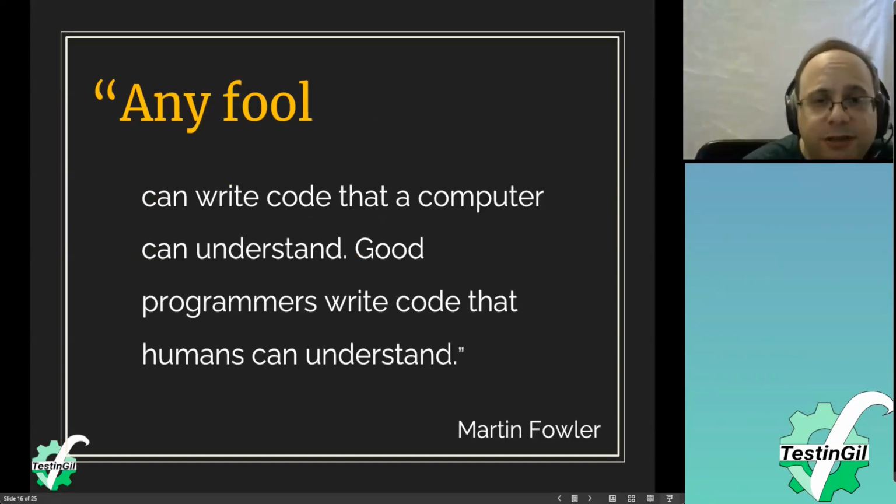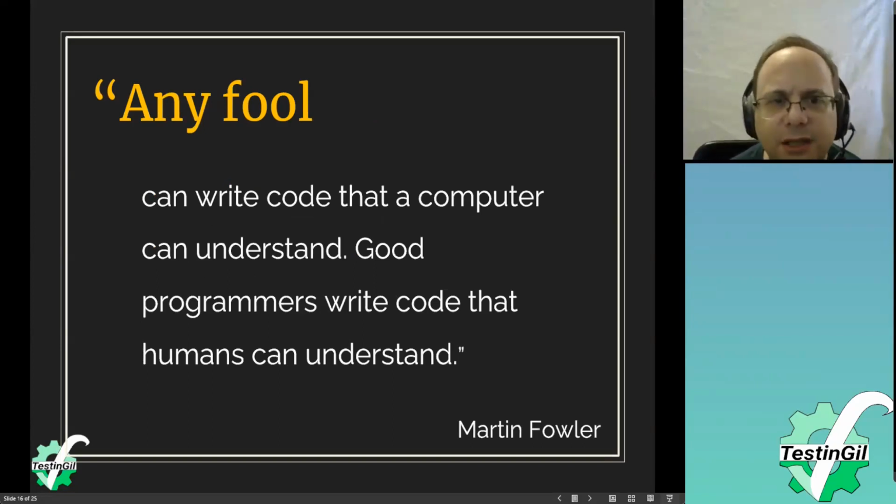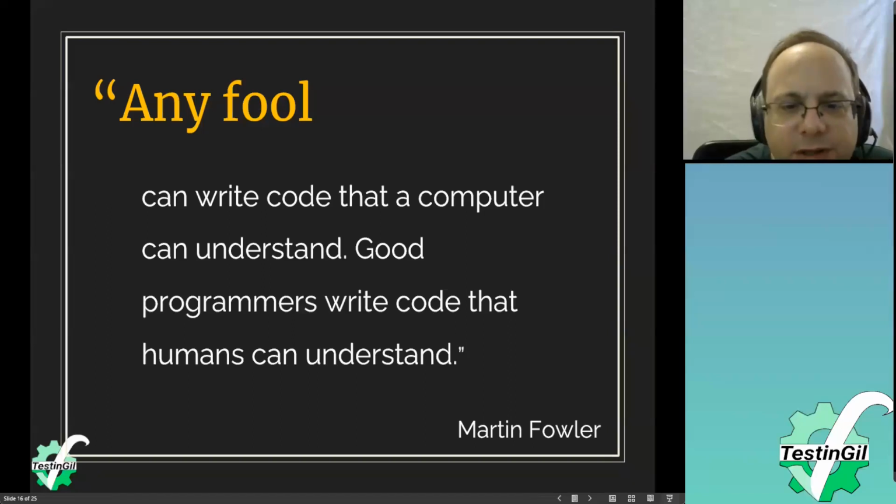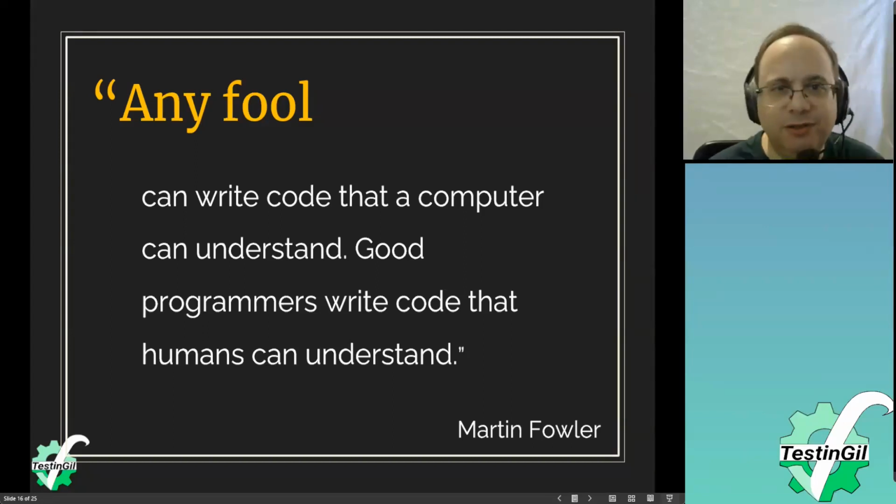Martin Fowler, one of the people who created the Agile Manifesto, has written a lot of books, and is at ThoughtWorks. He said any fool can write code that the computer can understand. Good programmers write code that humans can understand. And that's true, because you can write code in zeros and ones, and the computer will finally understand it.